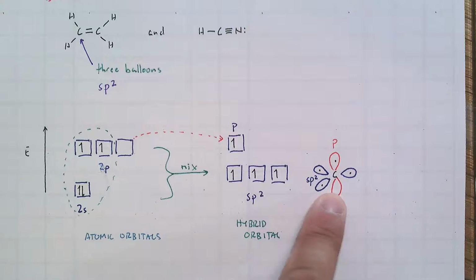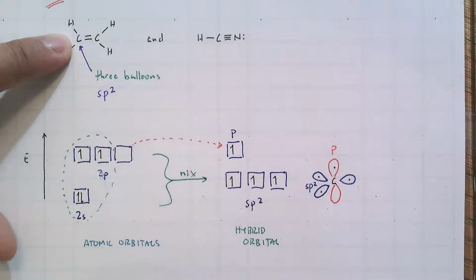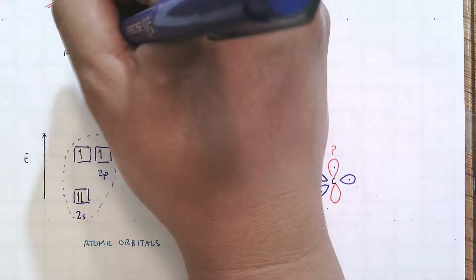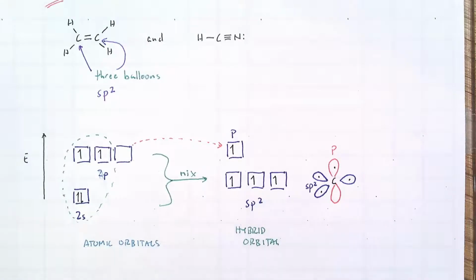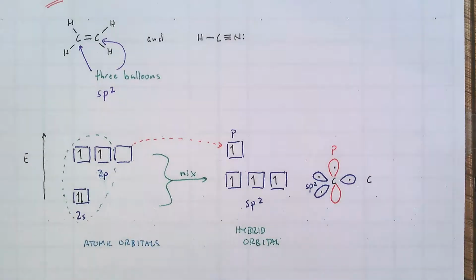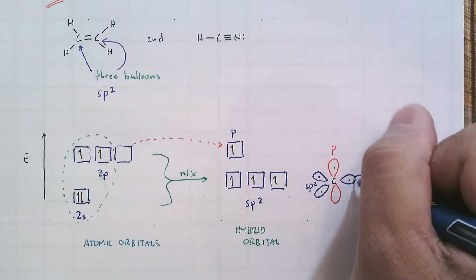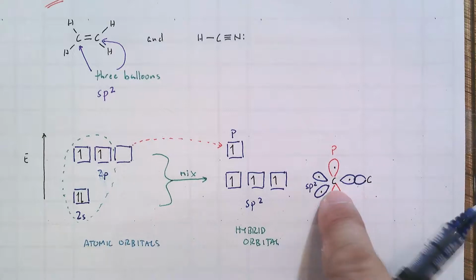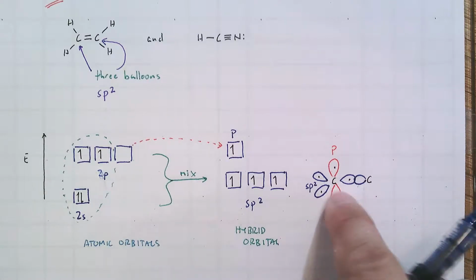Well, that carbon, I'm going to say, represents the carbon on the left. The carbon on the right also is sp2 hybridized. So maybe I could also do something like that, sp2 hybridized. So here's the carbon on the right, and it's also sp2 hybridized, but I'm going to turn it around so its sp2 orbitals can overlap with the one on the carbon on the left.